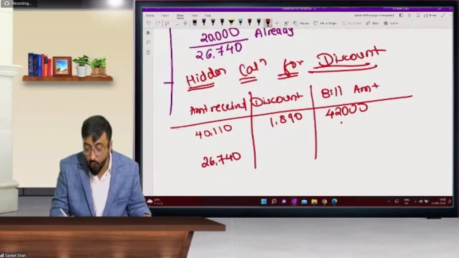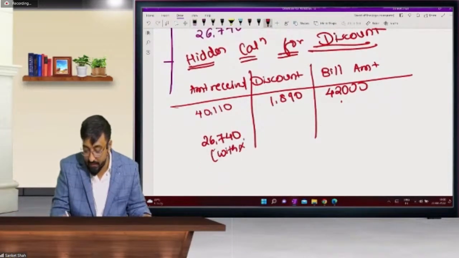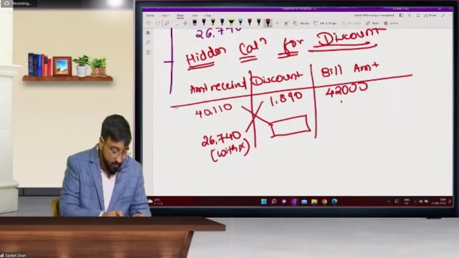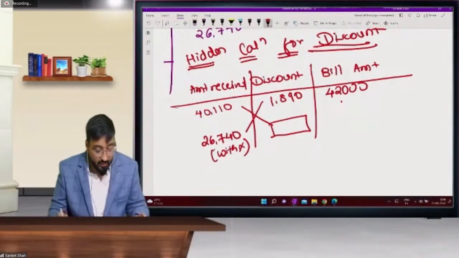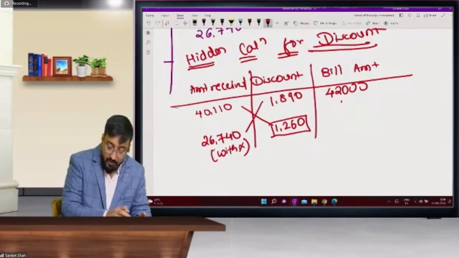And now 26,740 is the total amount with X. So what is the discount amount calculated? 26,740 into 1890 divided by 40,110. So you are getting the answer 1260 plus 26,740.